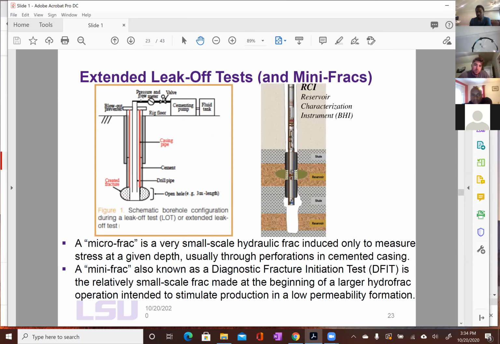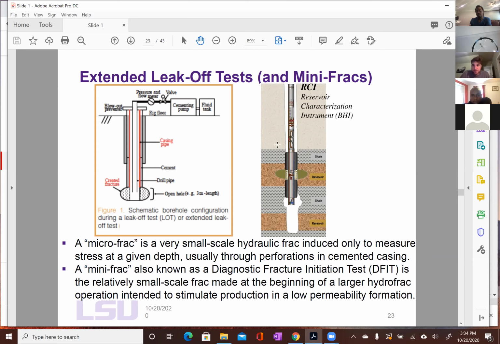the leak-off test. So, you know, there are so many related terms, each one being slightly different from the other, right? There's extended leak-off test, there's leak-off test, there's mini-frac, there's micro-frac, there is DFIT, diagnostic fracture initiation test.